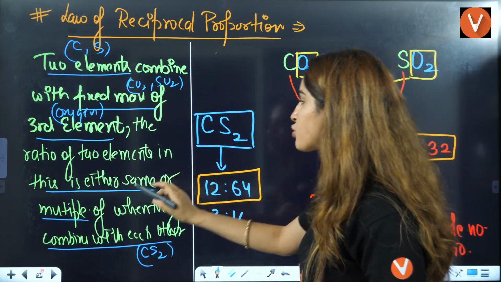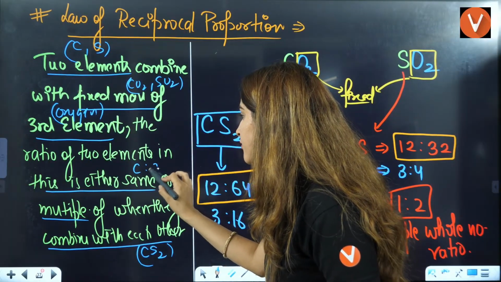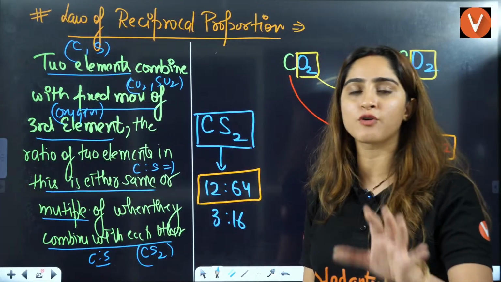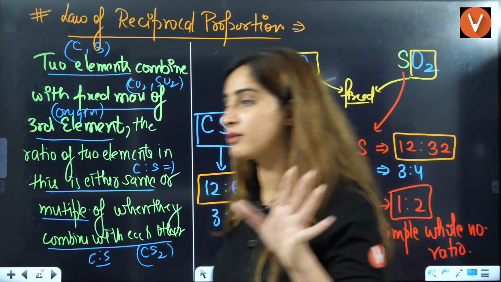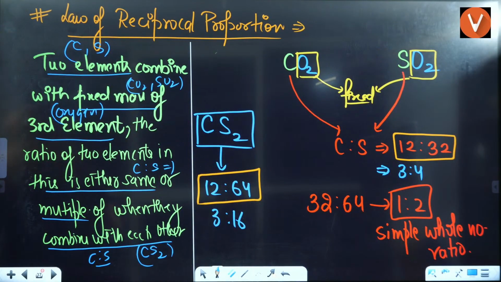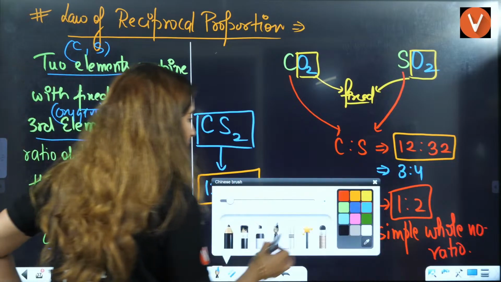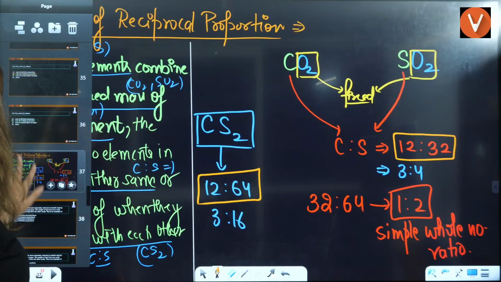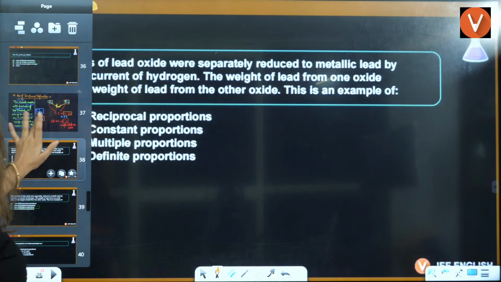So here the ratio of carbon and sulfur in this case and the ratio of carbon and sulfur in this case are going to be the multiple of each other or the same ratios, right? Okay, yes, everybody got it, right? So that is called law of reciprocal proportion, right?